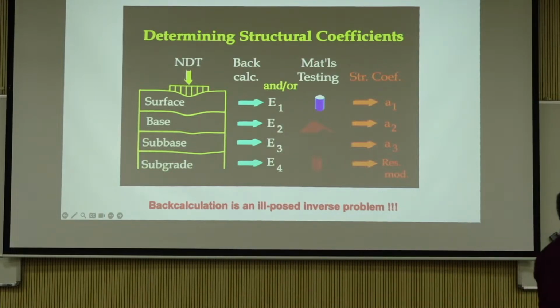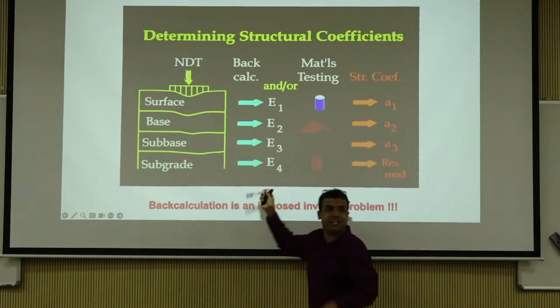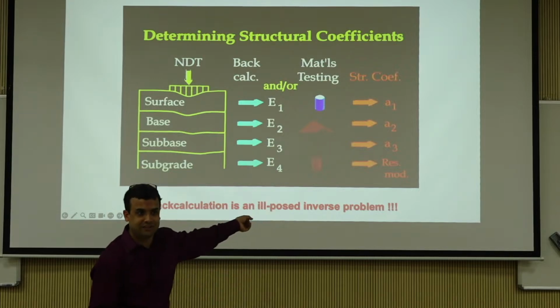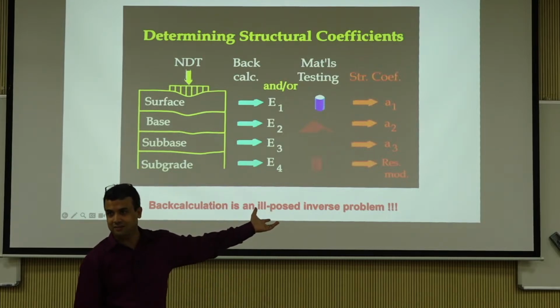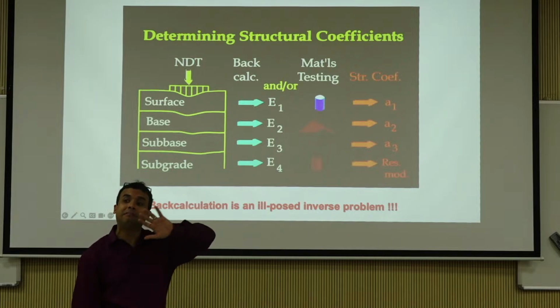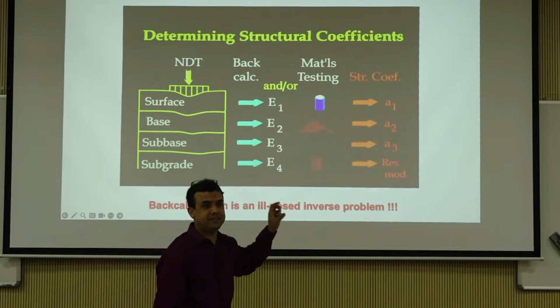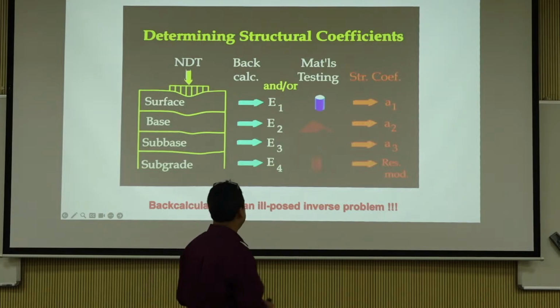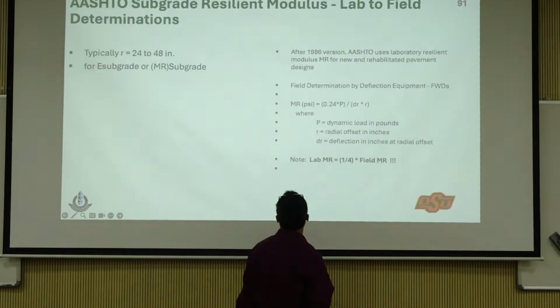Yeah, it doesn't have a unique solution, because technically you can find different combinations, different sets of E1, E2, E3, E4 that will lead to the same basin. Technically. Practically, will it happen? I haven't seen it many times. You still have certain values, but it is actually an ill-posed inverse problem.